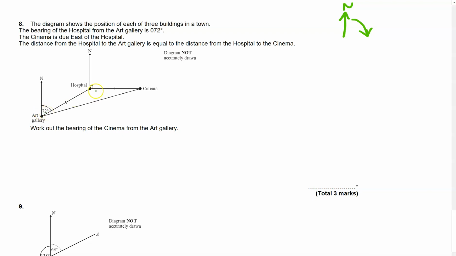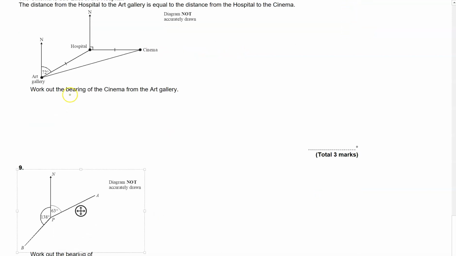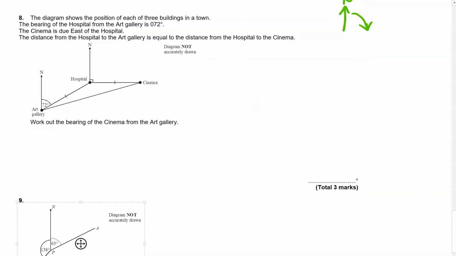The cinema is due east, which means that's 90, that's on there. The distance from the hospital to the art gallery is equal to the distance, okay, so it's isosceles, that's all marked up as well. Work out the bearing of the cinema from the art gallery.